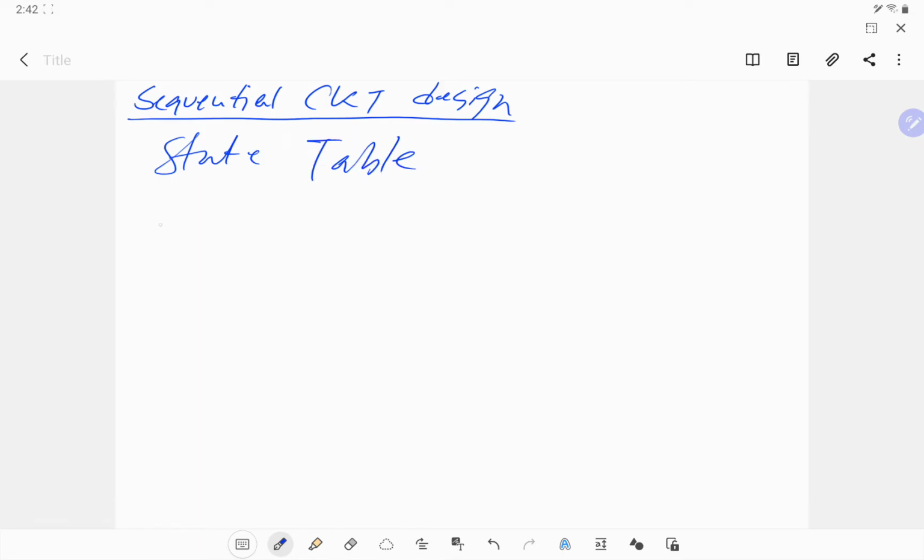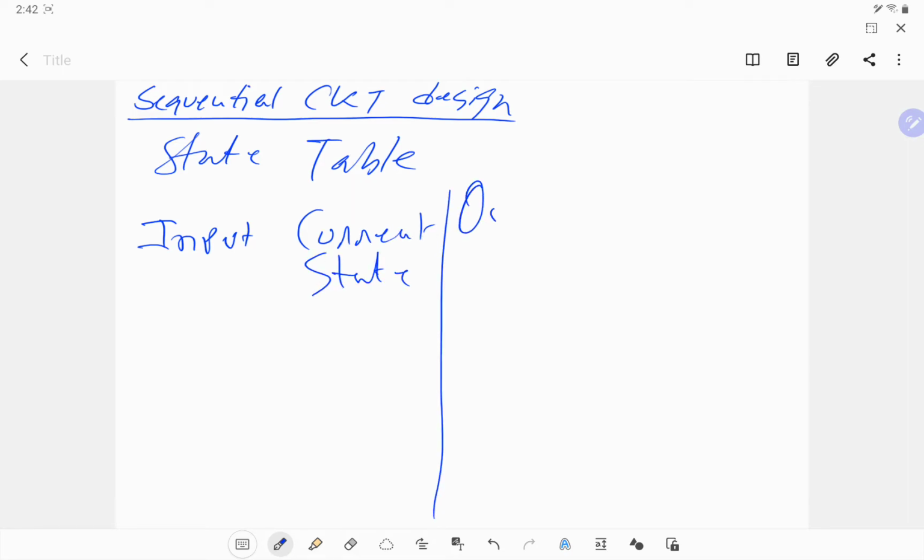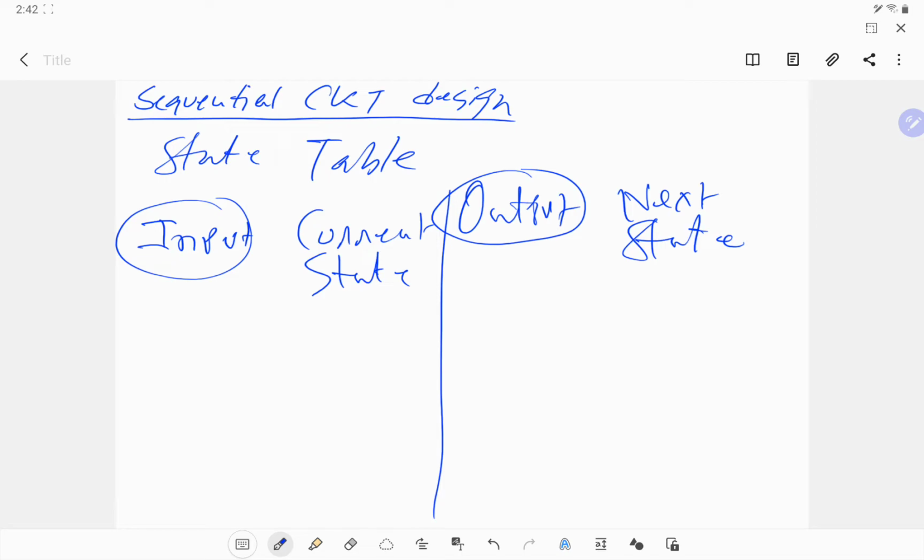A state table has input, has current state, it has output, it has next state. So this input and output part is also in the combinational circuits, but the current state and the next state, these two are new.